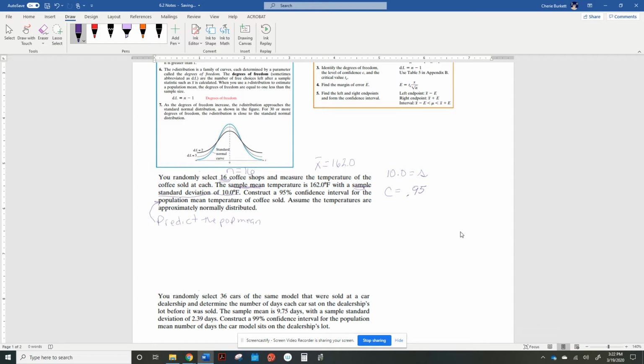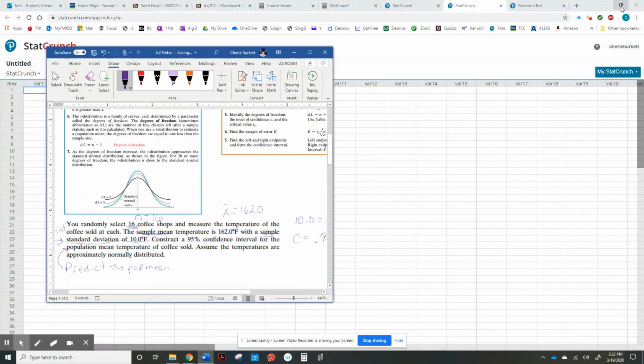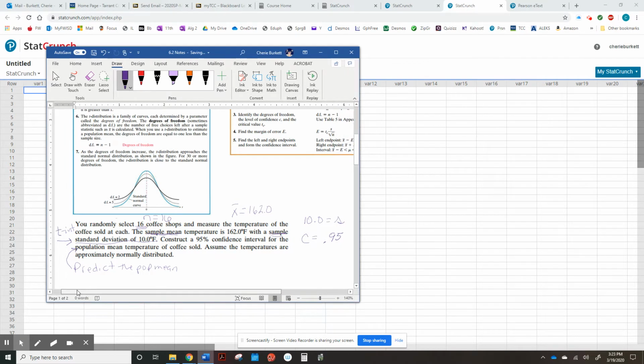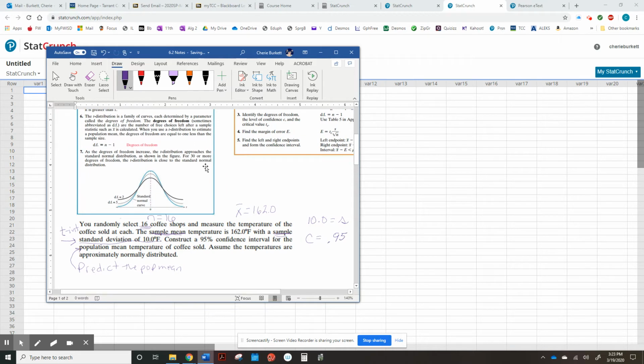But this information right here, the sample standard deviation, is how I know I'm doing a t interval. Okay, so that's pretty much all you need. You need all of this information. N equals 16. I'm going to make that a little bit smaller so that I can see everything while I am on StatCrunch.